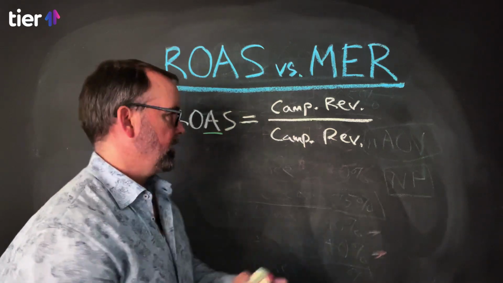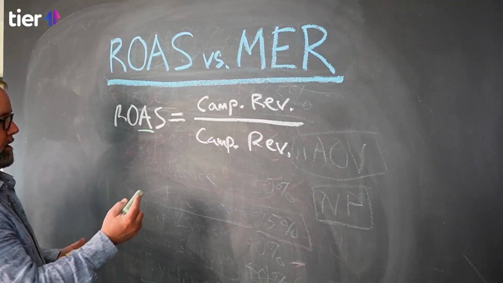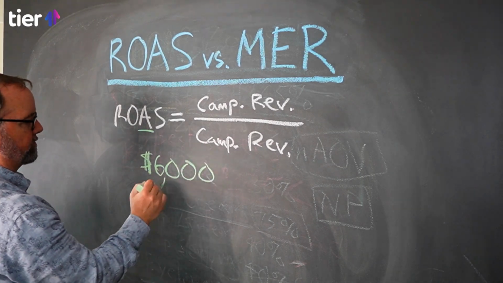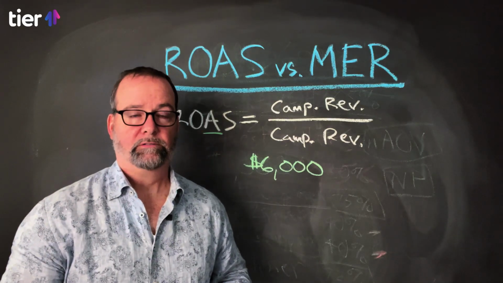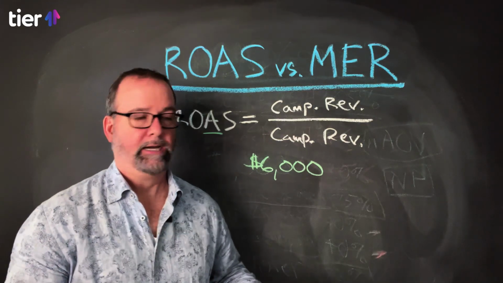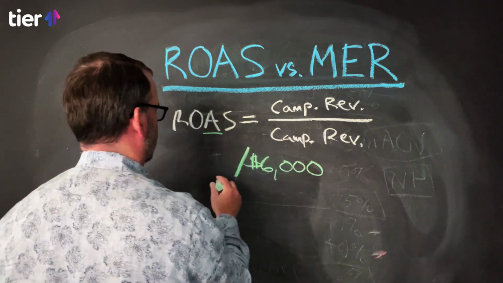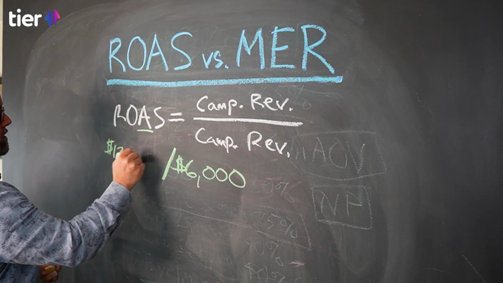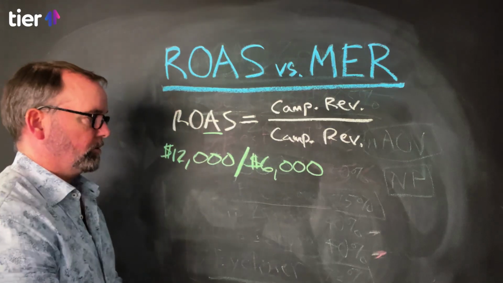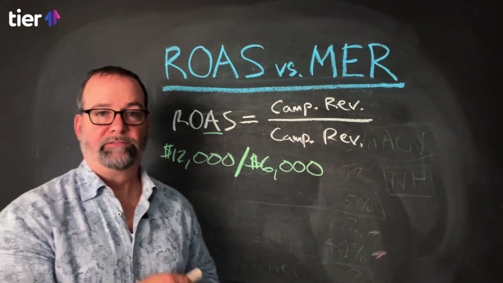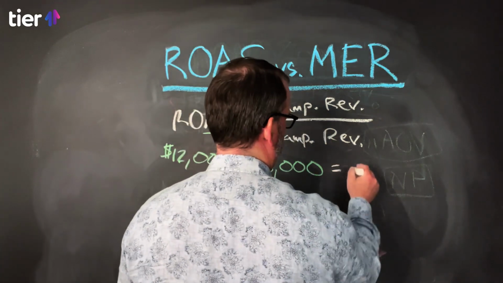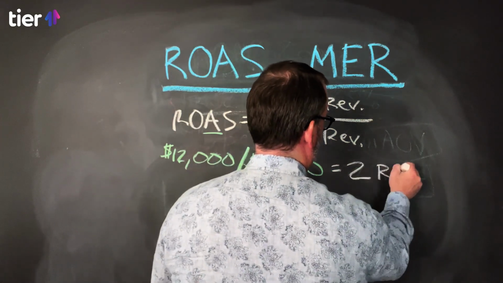So let's say you spent $6,000 on some ads, and your revenue for that moment in time, let's just do some easy math, was $12,000 in revenue. Your ROAS, therefore, is 12,000 divided by 6,000, and that would equal a 2 ROAS.